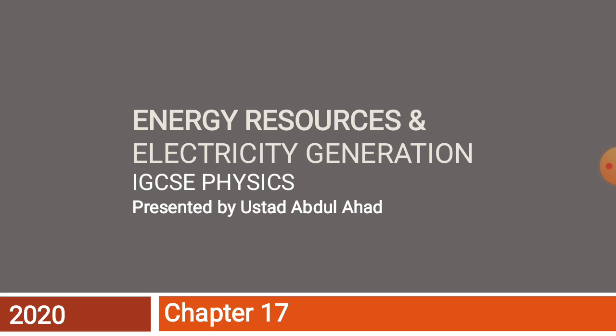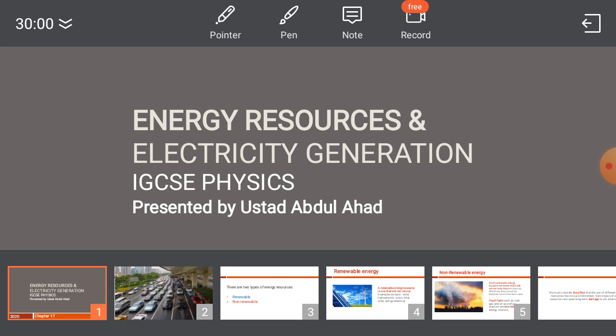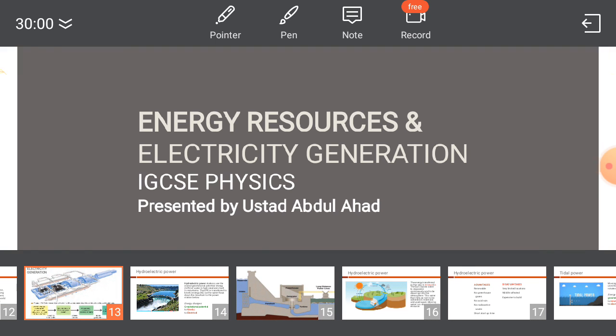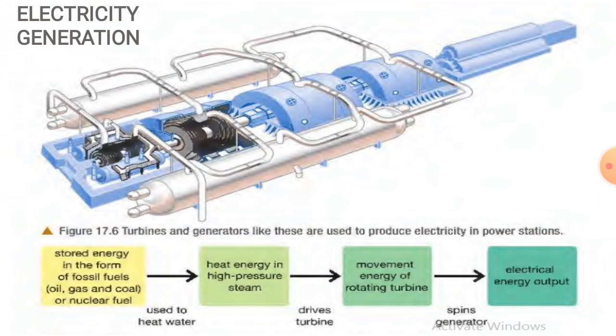Today we are going to see different kinds of methods, systems through which we generate electricity. Last class we discussed how electricity is produced, basically the process: the stored energy is extracted from fossil fuels like oil, gas, or nuclear fuel, and that stored energy is converted into heat, and that heat boils water which produces high pressure steam.